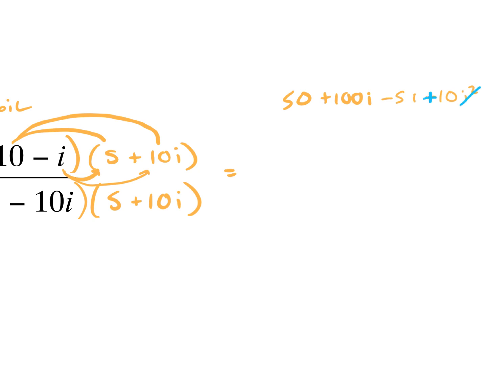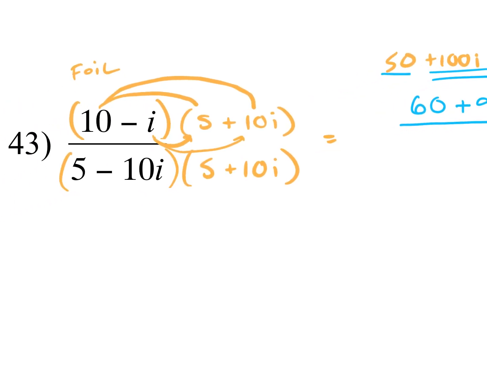Negative 1, so it makes it a plus 10. Awesome. Add the real parts together. So 50 plus 10 is 60. Then we add the imaginary parts together. 100i minus 5i would be plus 95i. Everybody good with foiling out the top?